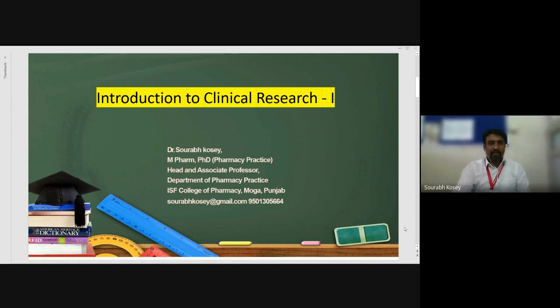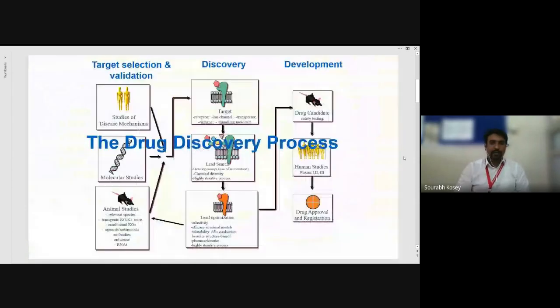So to start within the clinical research segment, the first part is the drug discovery process.